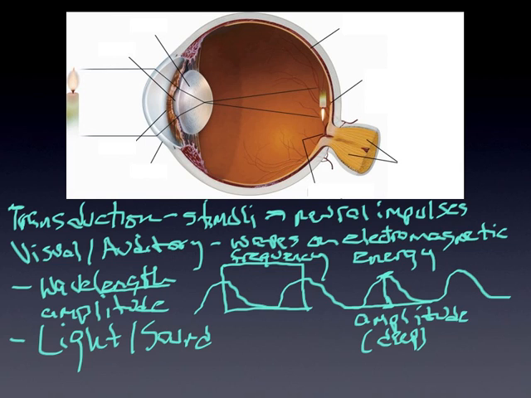For example, the wavelength, the frequency of these determines, at least in terms of light, the hue of a color, how deep to how light it might be. In terms of amplitude, this has to do with intensity, which also then translates to us as brightness.